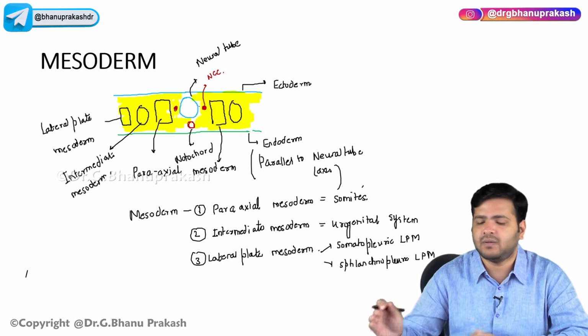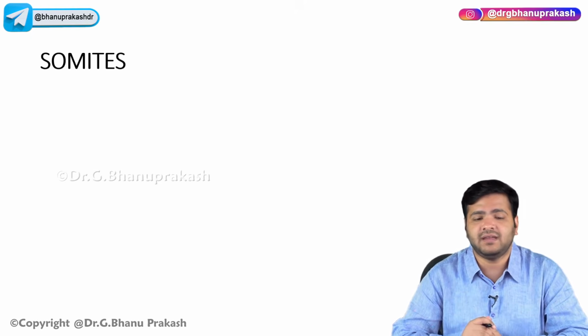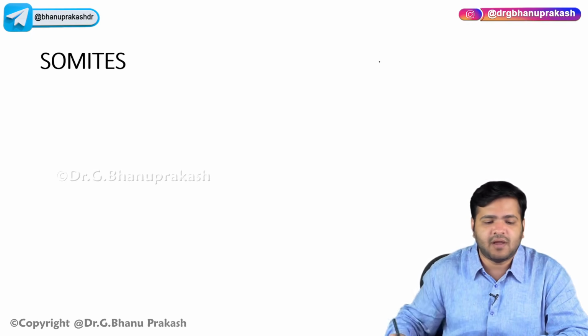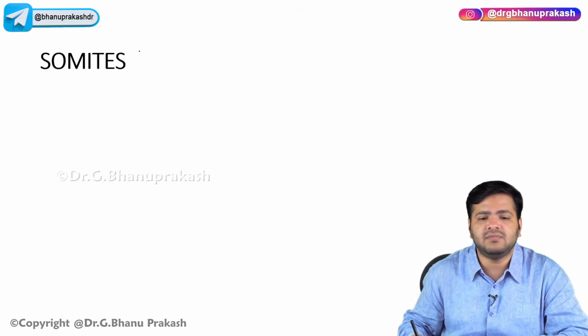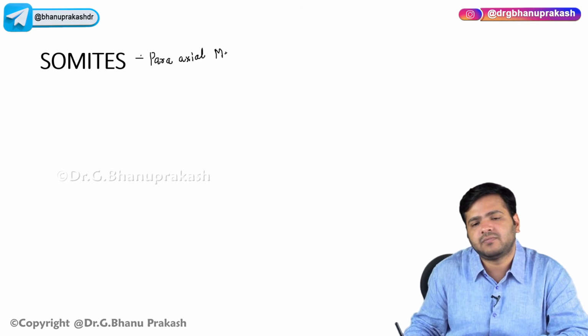Now let us discuss one by one all these three. The very first one is the somites, right? Somites are basically developed from the paraaxial mesoderms.